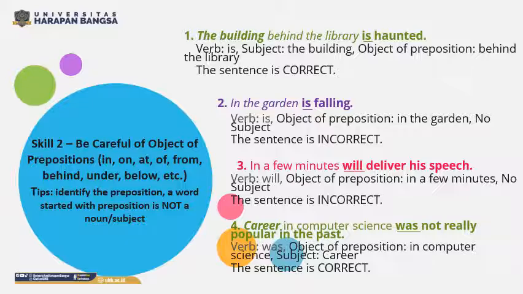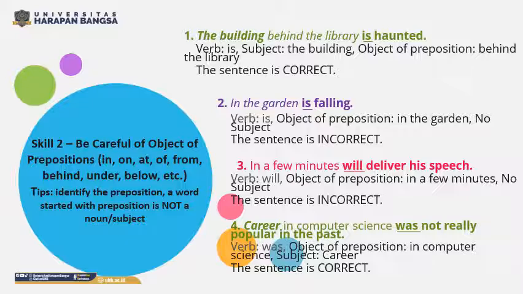Next, in the garden is falling. Now let's see the verb. Yeah, the verb that we have is be, is. Now let's see. Find the subject of the sentence. Remember, subject is before the verb. Good. Now, what is before the verb? In the garden.